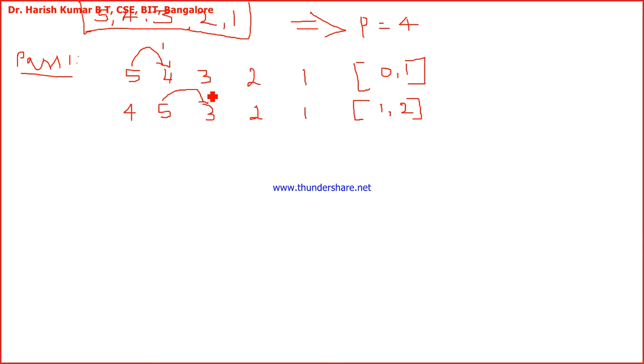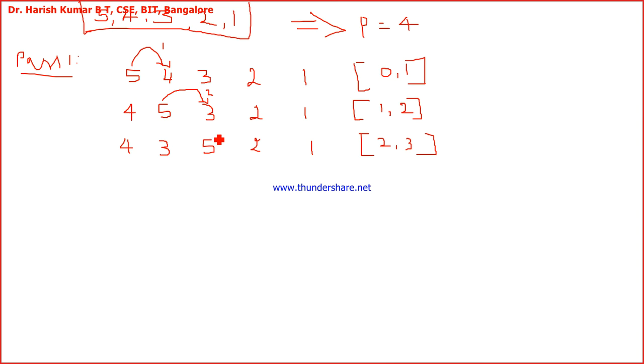Again 3 is lesser than 5, so it requires a swapping: 4 3 5 2 1. Next comparison we do by taking the elements at index 2 and index 3.